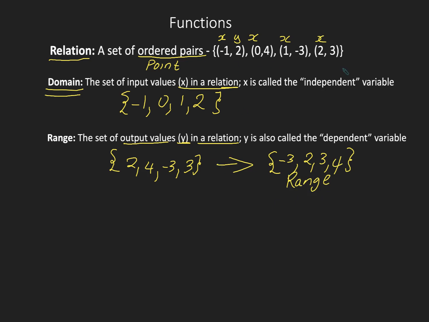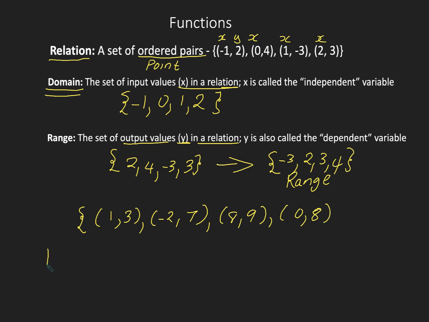So if you have a relation, which is a set of ordered pairs, you can find the domain and the range. For example, let me create a relation right here. So suppose we have a relation which is, let's say, (1, 3), (-2, 7), (8, 9), and then one more, let's say (0, 8). So suppose this is our relation right here.